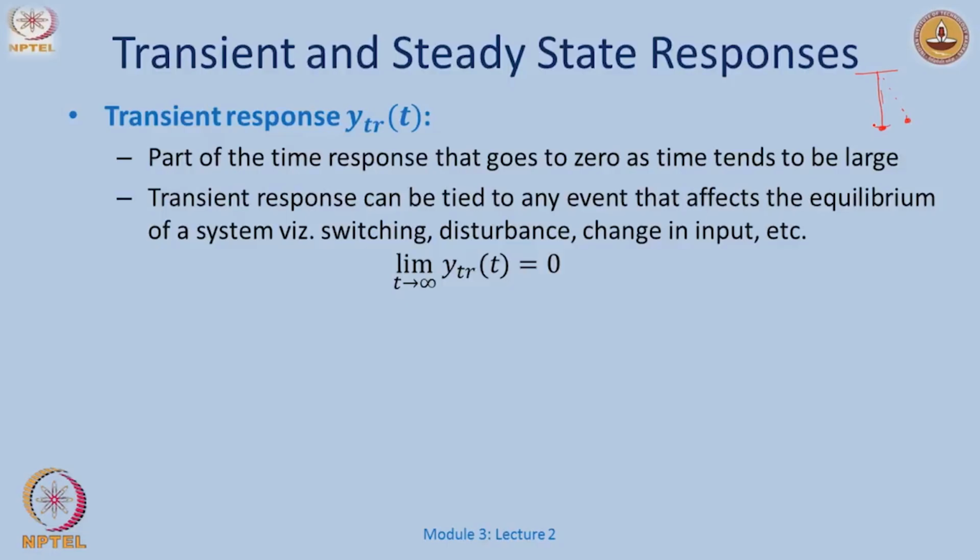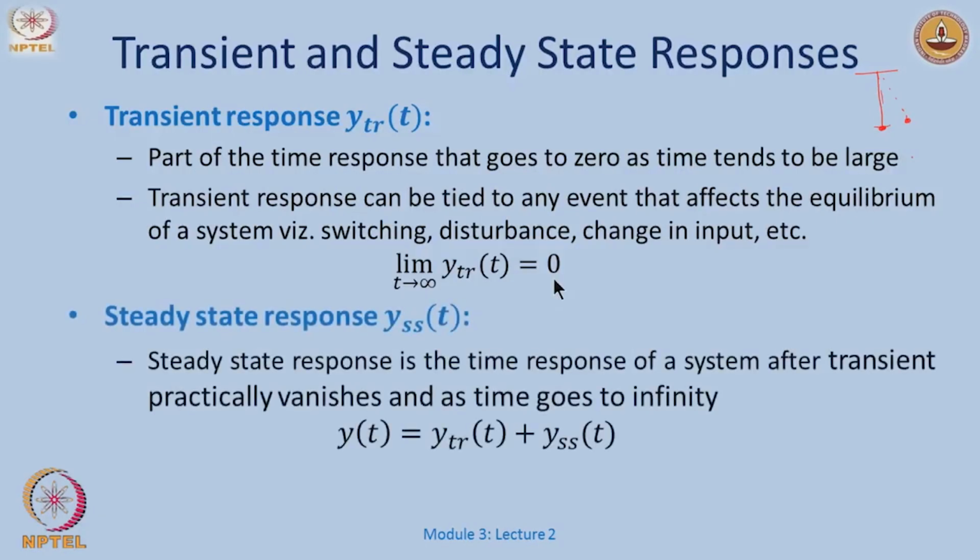So, in this context, the transient response is the response that goes to 0, or this response vanishes as the time tends to be large. So, we will shortly see an example with this. It could also be tied to any events that affect the equilibrium, right. So, as I said in the case of this pendulum, the response just vanishes as time goes to a very large value.